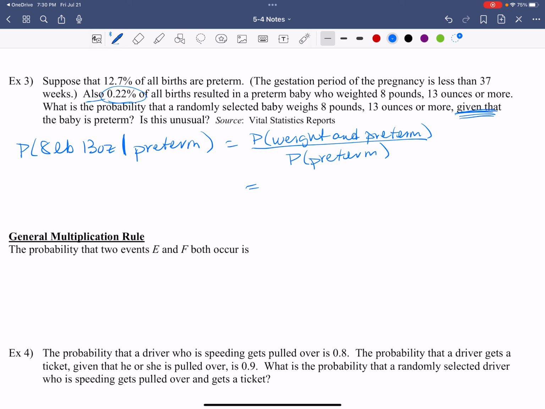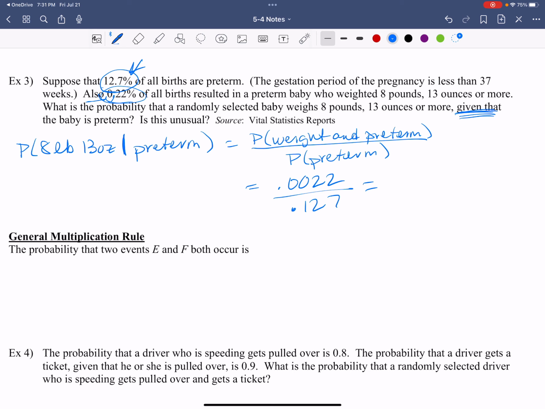And whenever I'm looking at this, are we writing these as percentages? No. So we have to change that to a decimal. So move it 2 decimal places over, right? 0.0022 divided by the preterm part. That's the preterm part. Again, as a decimal, 0.127. Just pay attention to the order. Look for those keywords, given that scenario, and then that's how you pull that off.